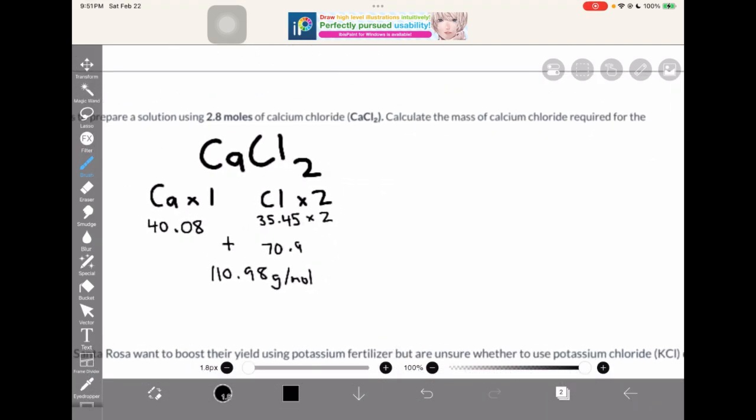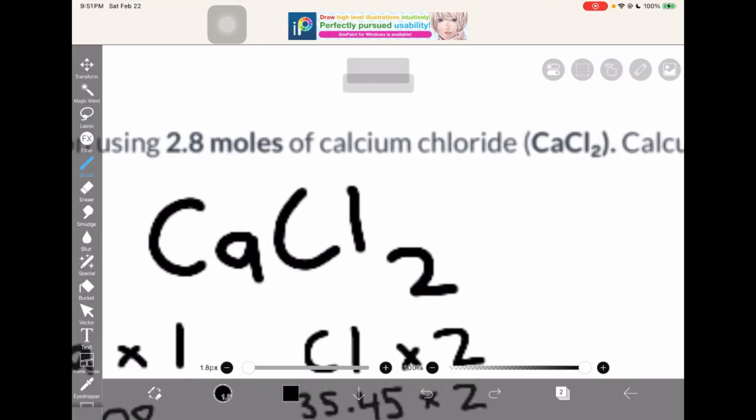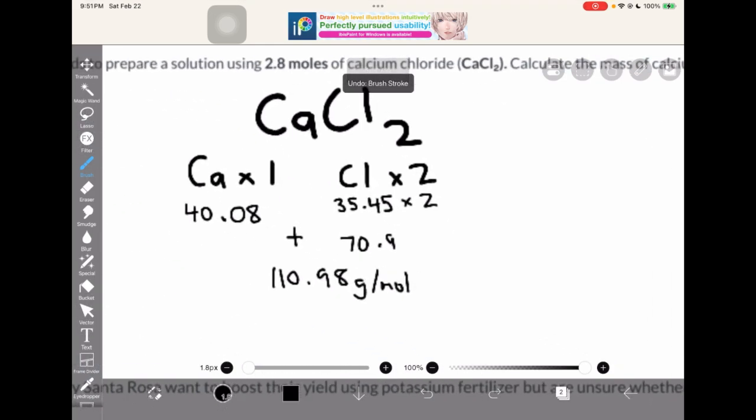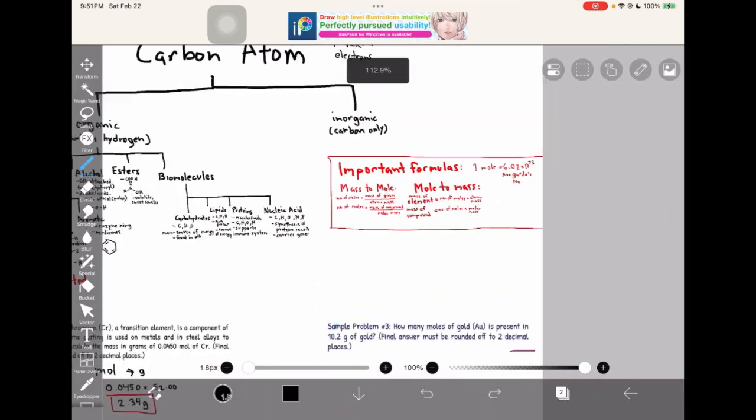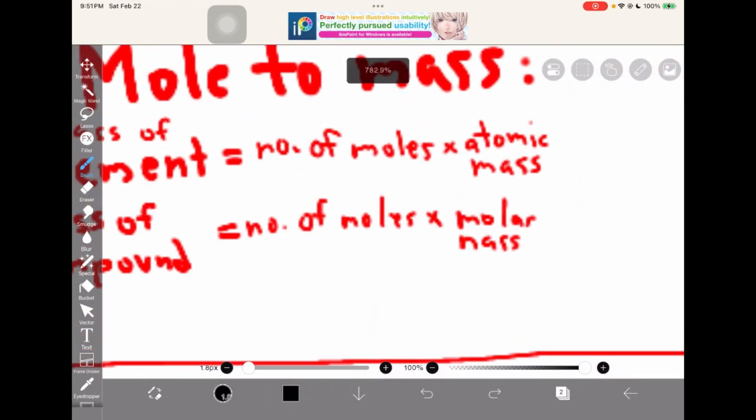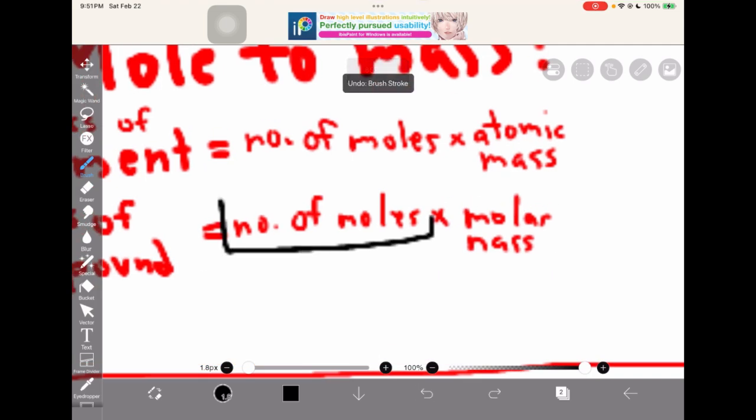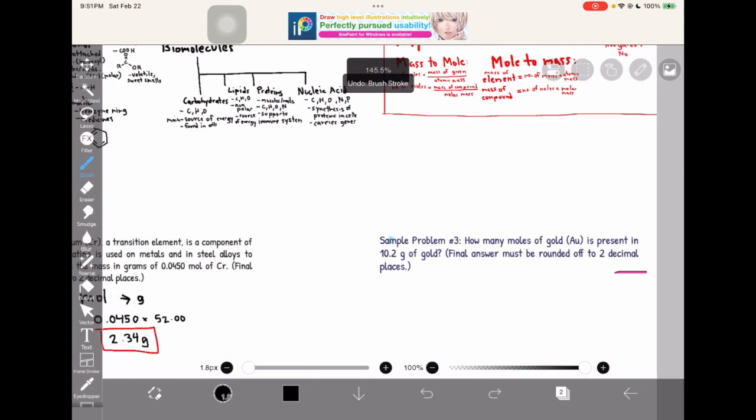But we aren't supposed to find just the molar mass. We need to multiply it by 2.8 because we don't want 1 mole, we want 2.8 moles. As you can see over here, we just followed that. We found the molar mass first, and then we used the number of moles given.